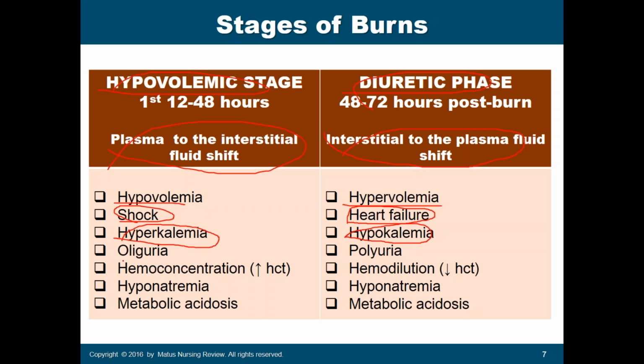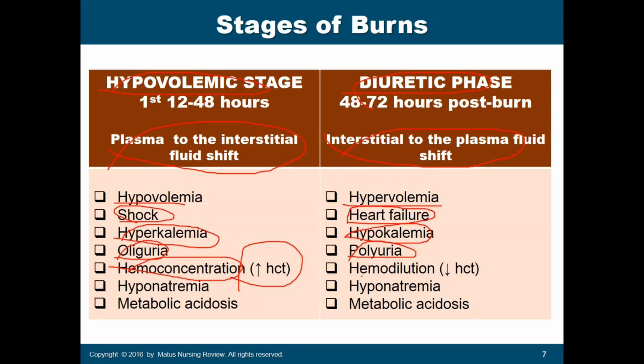On the first stage, your main problem is oliguria or even anuria or renal shutdown, but on the second stage you have polyuria, which is increased urination. With decreased blood volume on the first stage, there will be hemoconcentration, and that leads to increased hematocrit.